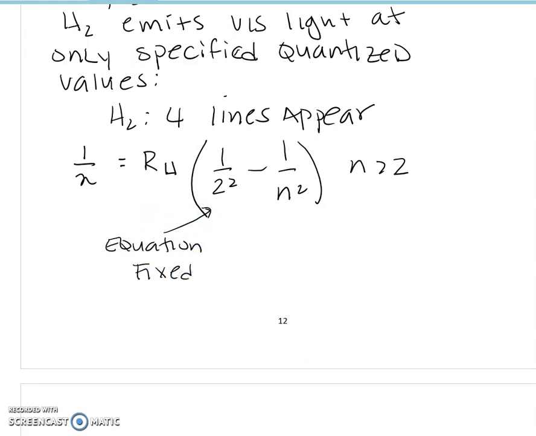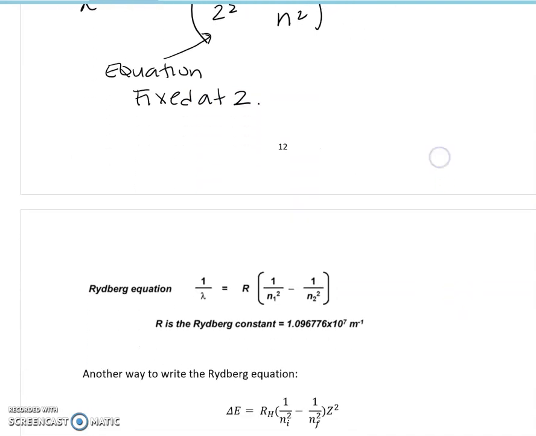Okay, so you can calculate the wavelength of those lines using this equation. That is the Balmer equation.